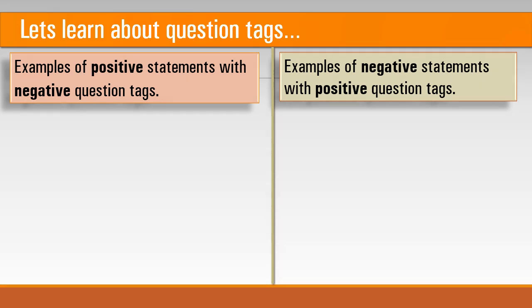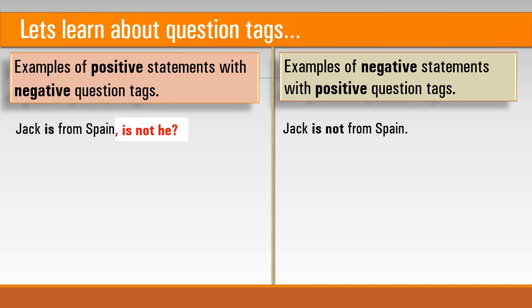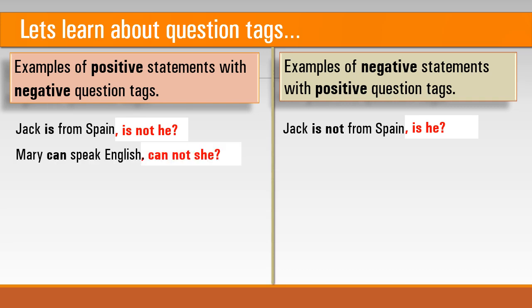Let us go now. Jack is from Spain, a positive statement. Is not he? If the same thing comes into a negative statement, let us see. Jack is not from Spain. Is he? Mary can speak English. Cannot she or can't she? Mary cannot speak English.